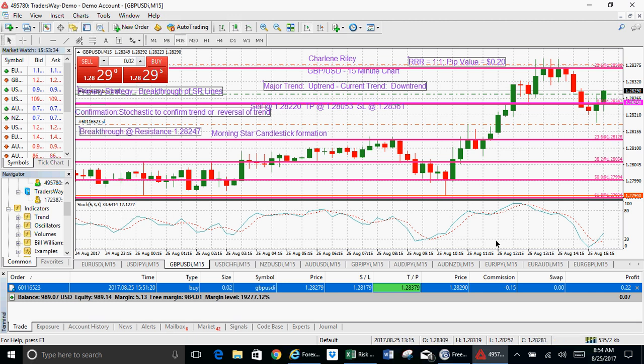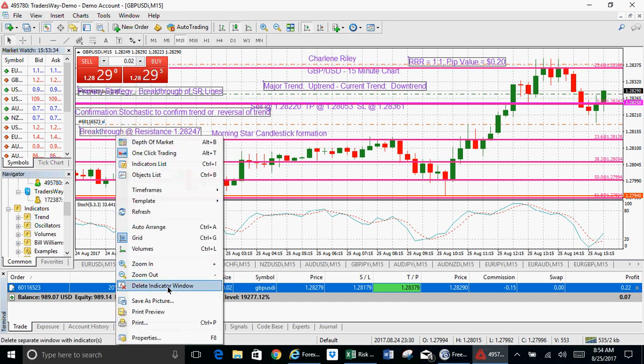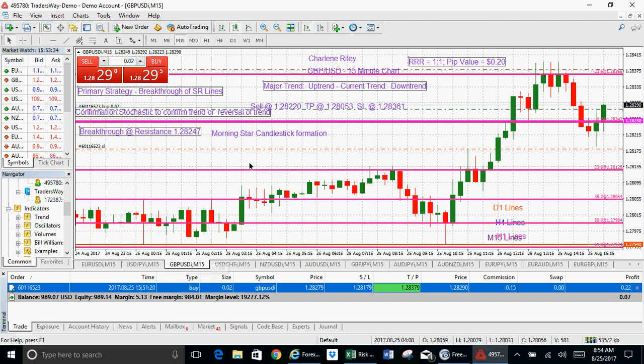I do see that the stochastic is indicating the reversal, but I did not use that as part of my trade decision. So I'm going to remove that indicator window from my screen.